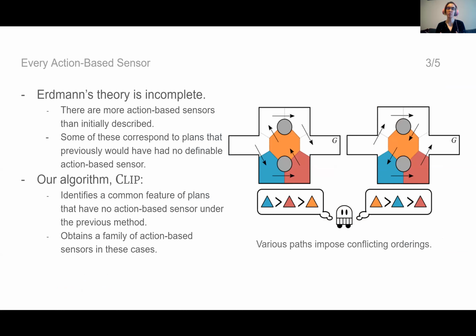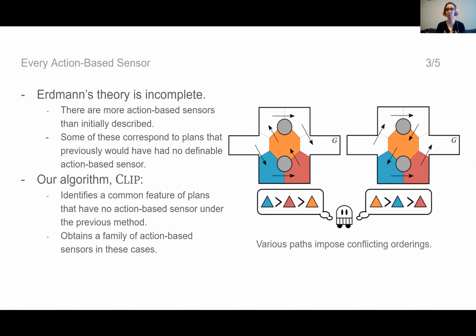However, there exist more action-based sensors than those described by the originally proposed method. In this sense, the standing theory is incomplete. There exist previously undescribed action-based sensors, and that's interesting both in the sense of fully understanding the space of these sensors, but also in the sense that some of those missing sensors correspond to plans for which we previously had no definable action-based sensor.